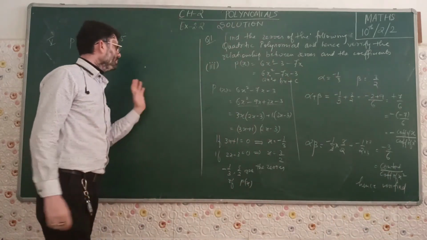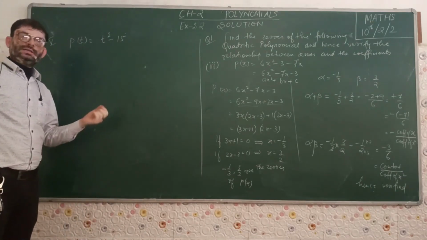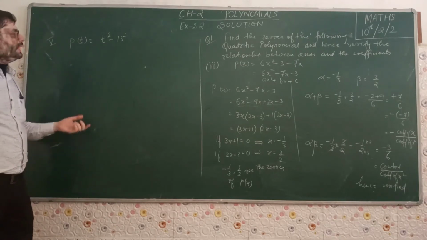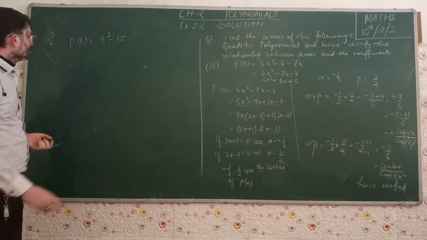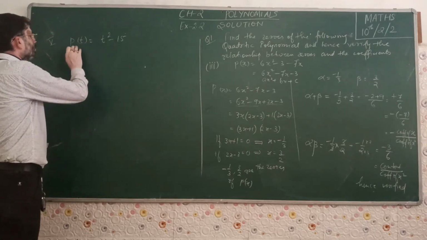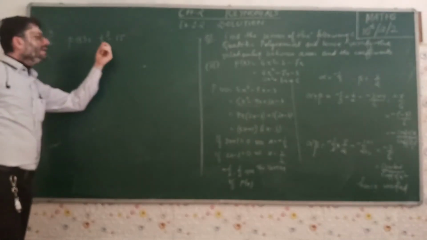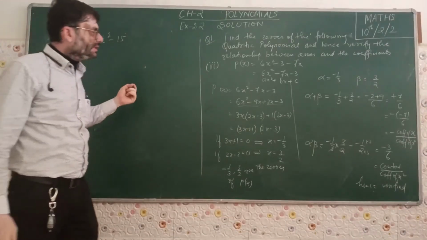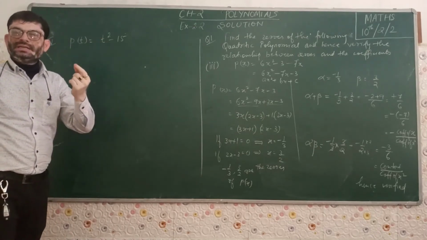Moving on to the next one, same way as we have done earlier. First we will have to find the zeros of the polynomial and then we will have to verify the zeros with its coefficients. Now this is the polynomial p of t is equal to t squared minus 15. Here the middle term is missing. If you see, there is no t term, that is the variable t with degree 1.